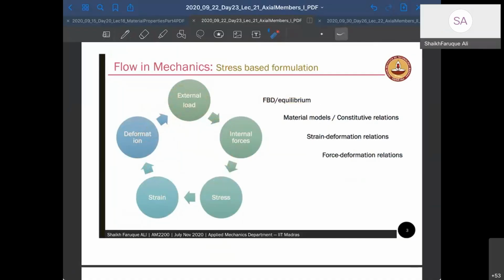So the free body diagram and the equilibrium equation give you this one. Material models give you strains, and then the strain-deformation relationship gives you deformation. From that you can get the relationship between force and deformation.